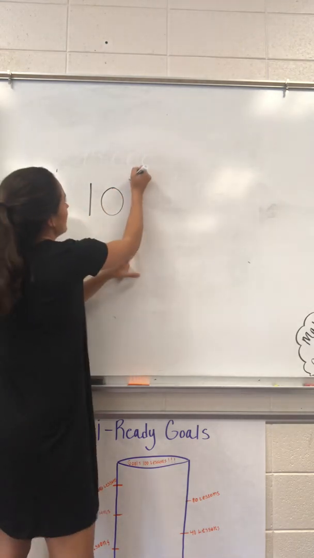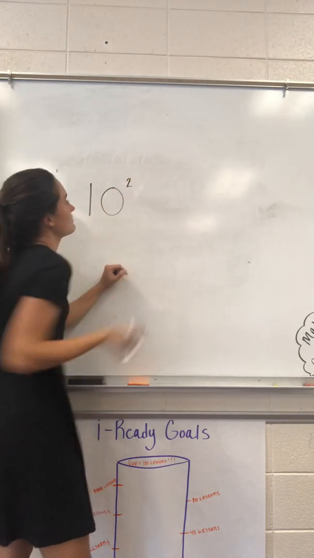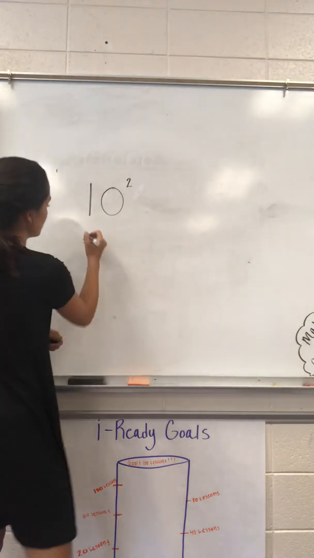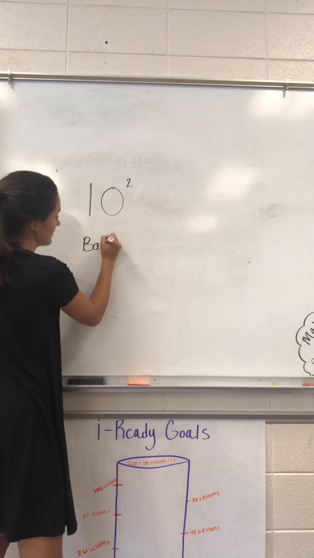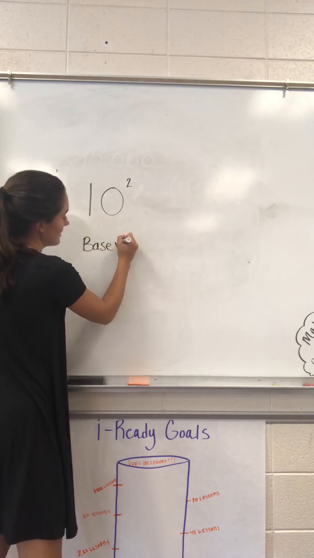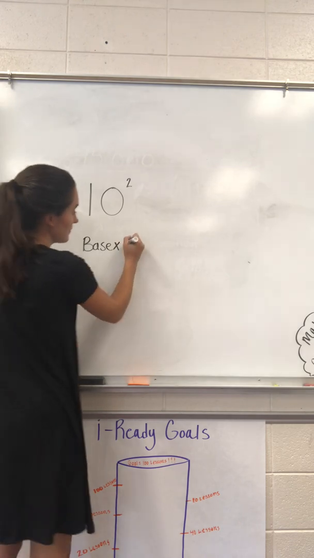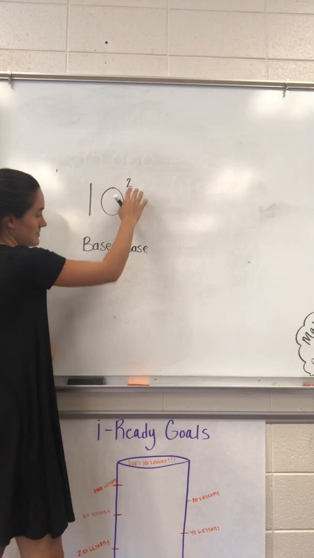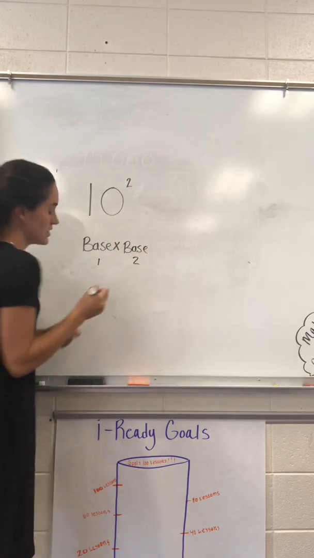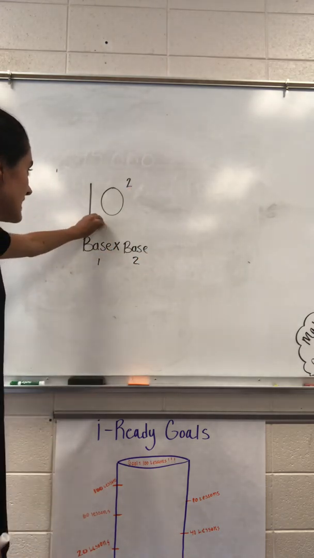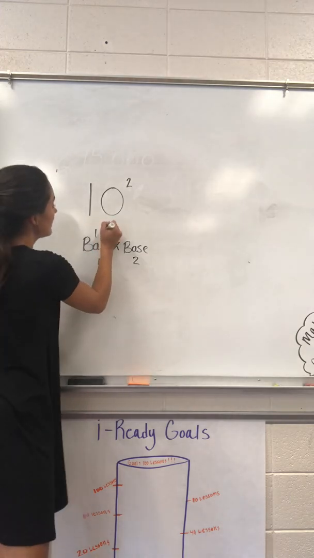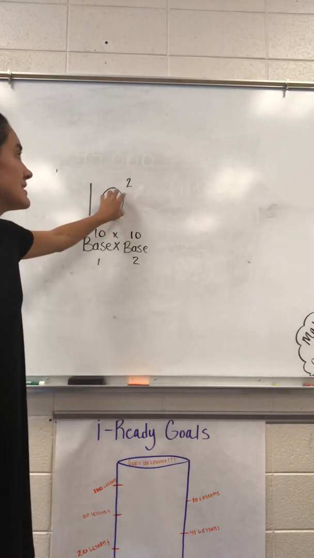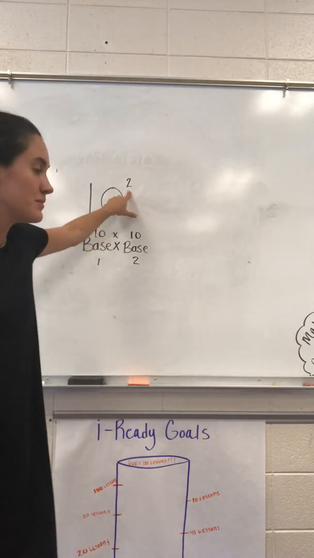And I've got a 2 up here. Basically what that means is this base number times itself that many times. So we've got 1, 2. So I've taken 10 times 10. So this is not 10 times 2. A lot of people get confused on that.